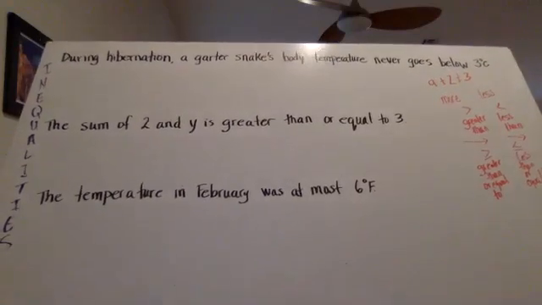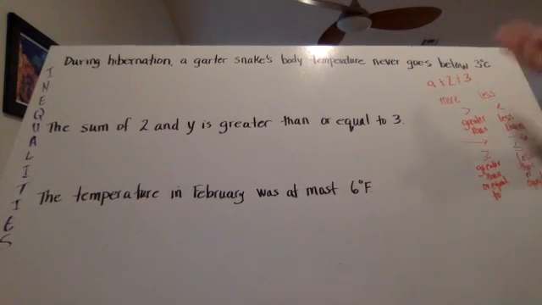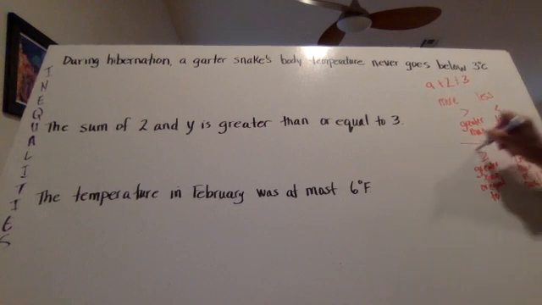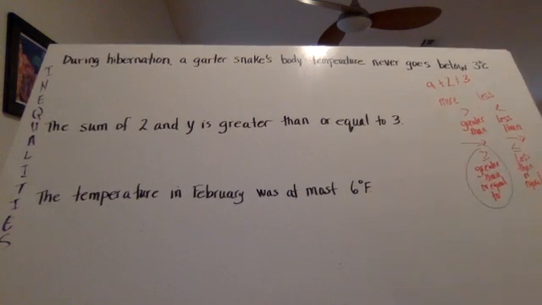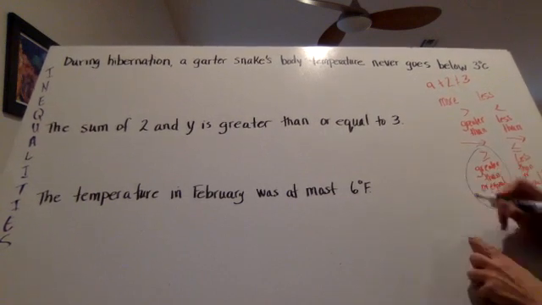So what are some words that might mean more than? I might actually read those words: this is more than, this is less than this. What would be something that would mean greater than or equal to? What would be another phrase I might find? Greater than, equal to, or equivalent.